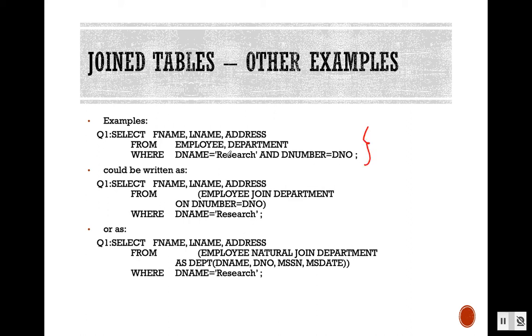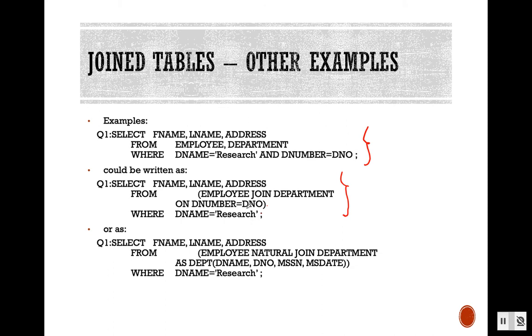So this query is going to find all the employees and the department who work in the research department. And this can be written like this. We are going to use the temporary joined relation in the from clause, and then we can use another selection condition.